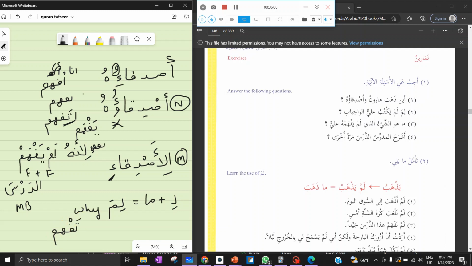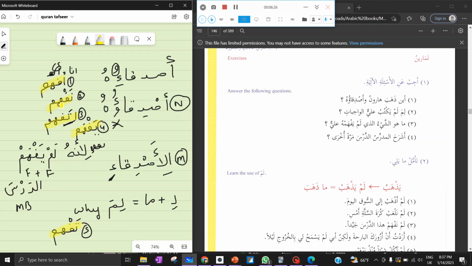So all these 5: 1, 2, this is nafham, then 3 tafham, then 4 is yafham, and 5 is tafham. Tafham for anta and for ghaib she are the same. So all these 5 have damir mustatir.